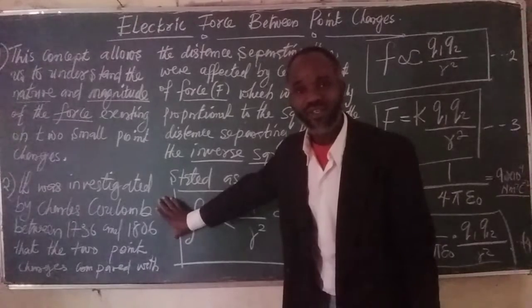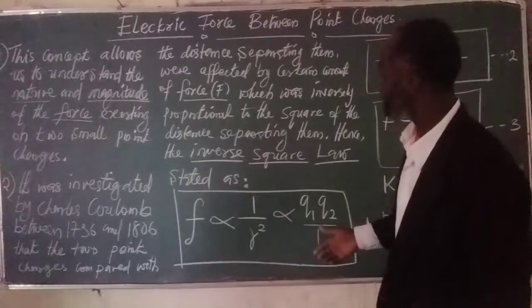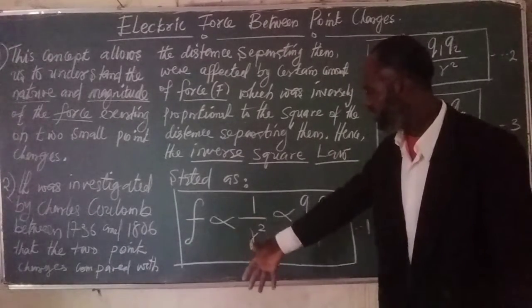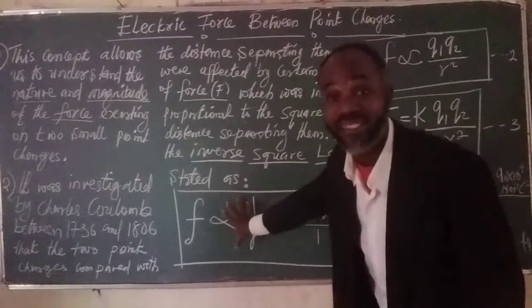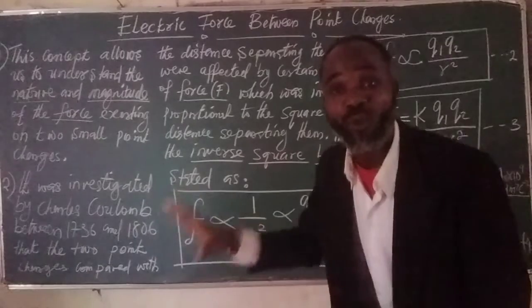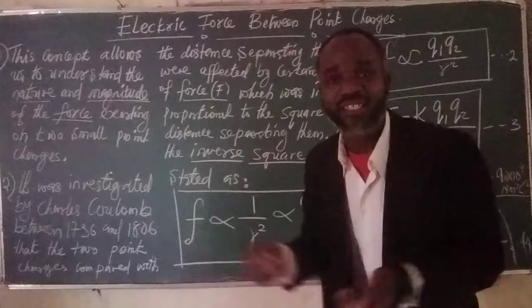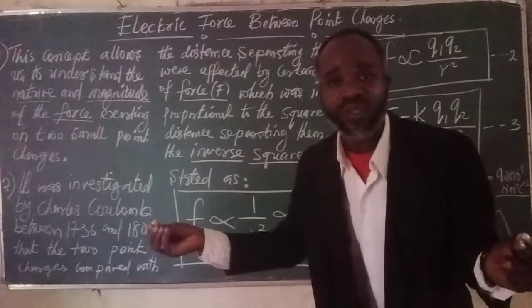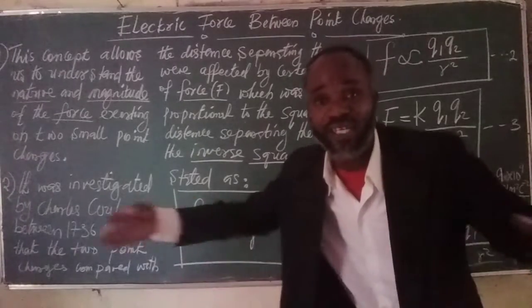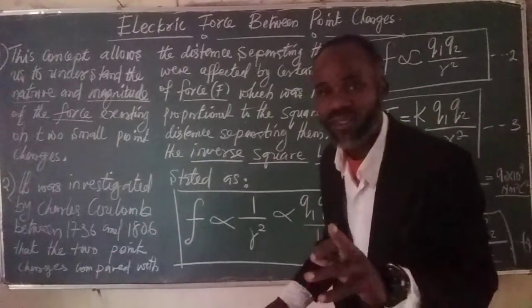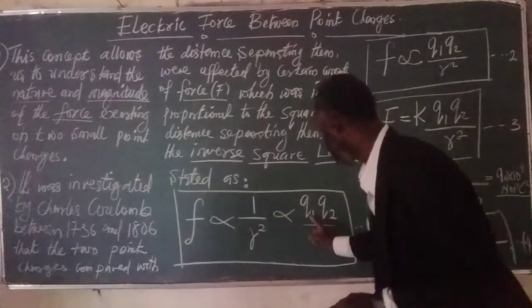Alright? He didn't end it there. He went on to do something further. He said, yes, if that is the case, we can now represent this statement here. And this statement simply represents the inverse square law. And what does that mean? That the force exerted upon two point charges is inversely proportional to the square of the distance separating them, but directly proportional to the product of the charges Q1 and Q2.